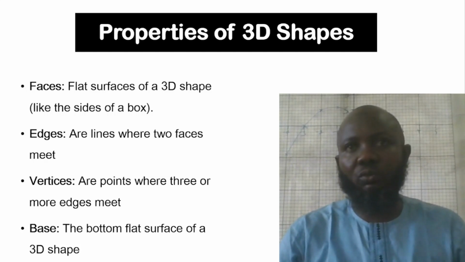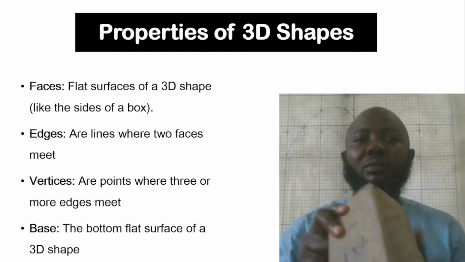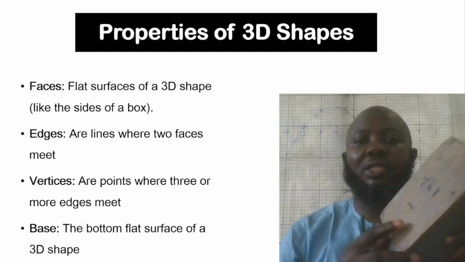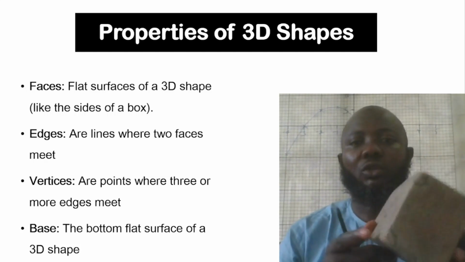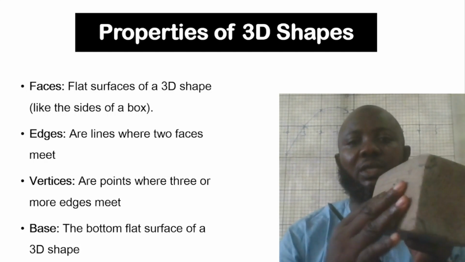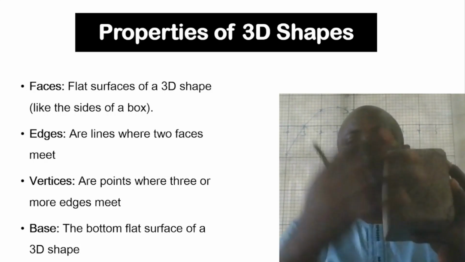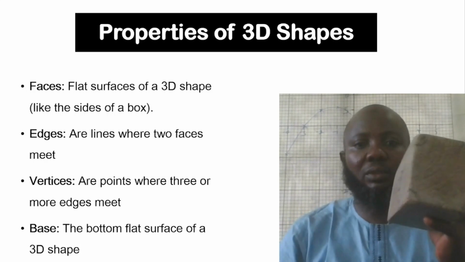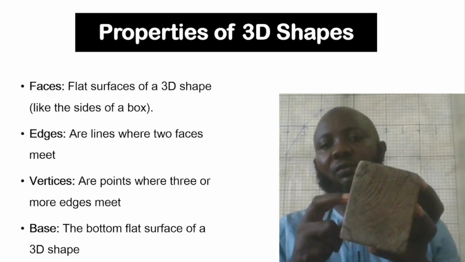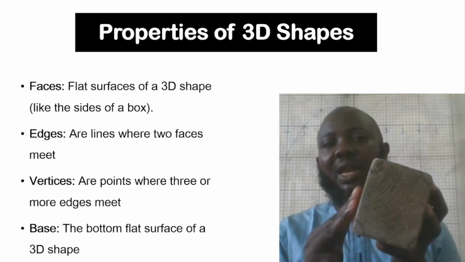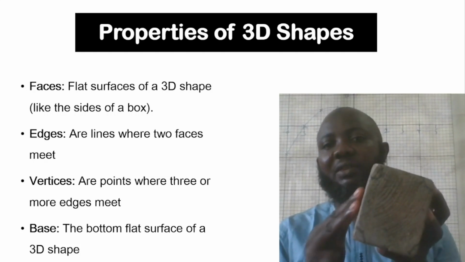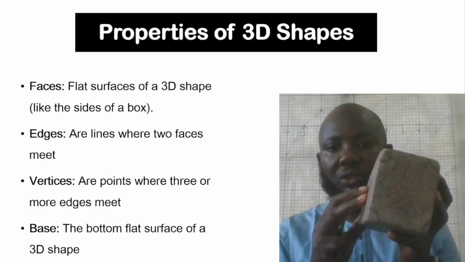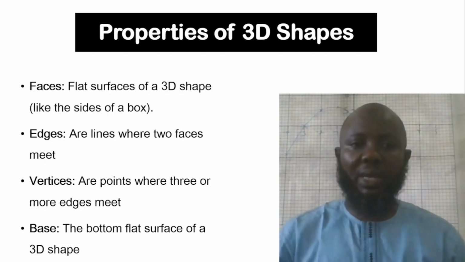The meaning of face: a face is a flat surface, just like this keyboard that we have there. This is a face here, this is another face, here is another face, and we have another face here. So faces are the flat surfaces of a 3D shape.